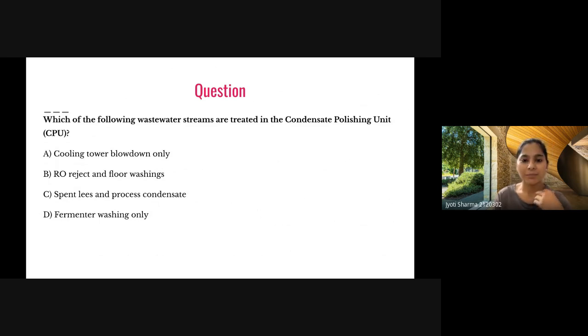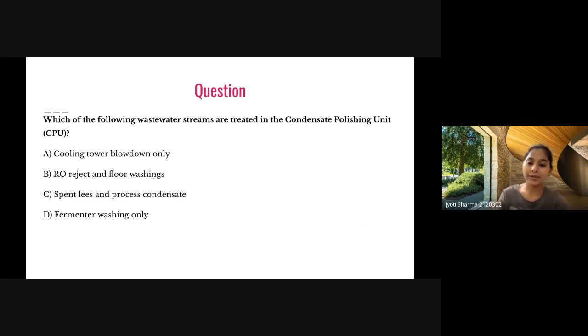I think this may be the last question of this distilleries topic. Which of the following wastewater streams are treated in the condensate polishing unit? Cooling tower blow down only, RO reject and floor washing, spent lees and process condensate, fermenter washing only.